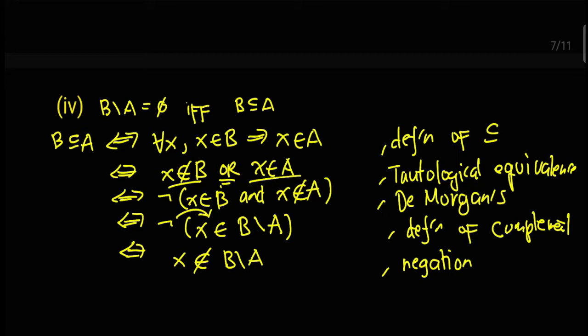Remember, we started with the fact that X is in B, and we end up with the fact that X is not in B except A. We have this situation: this is B, this is A. We started with an X here, so X is in B. And then it ends up saying that X is not in B except A. What does it mean for X not being in B except A?